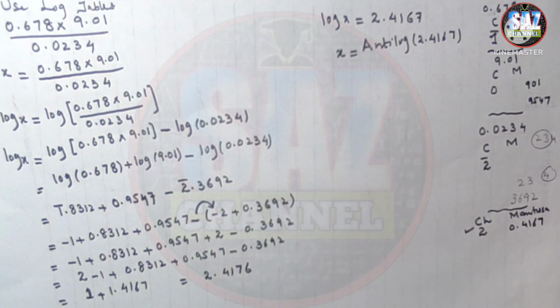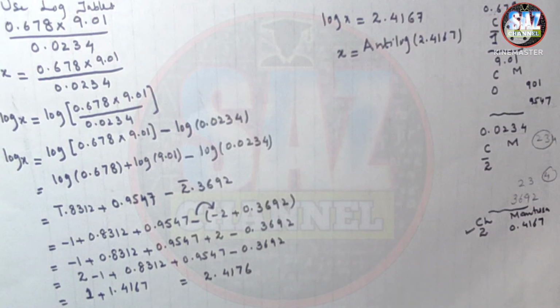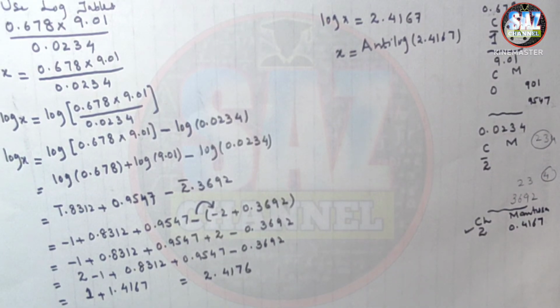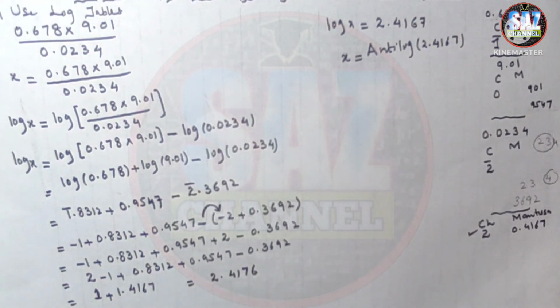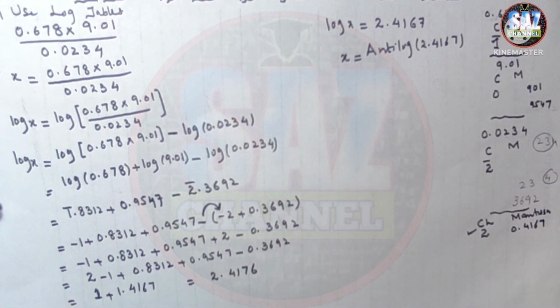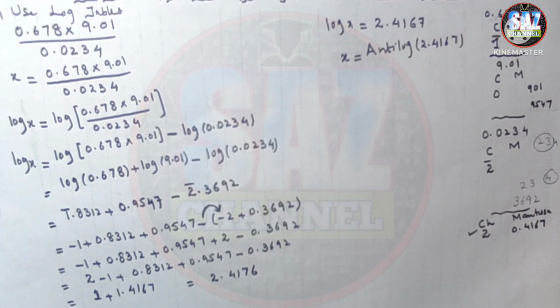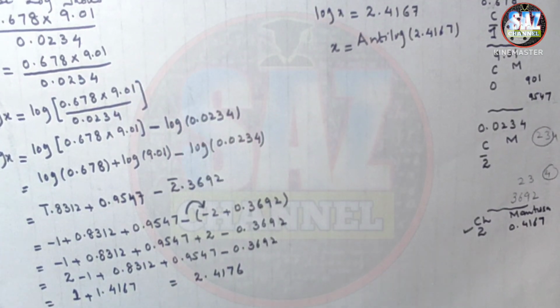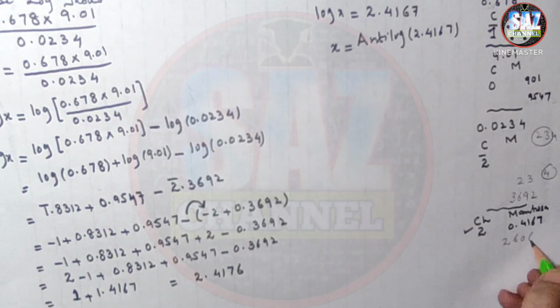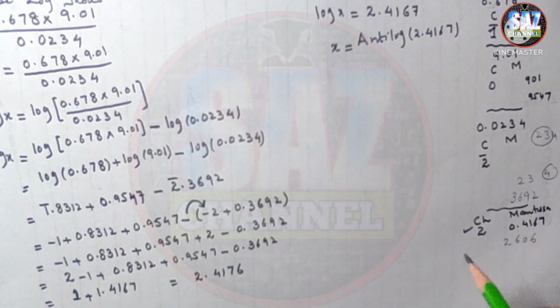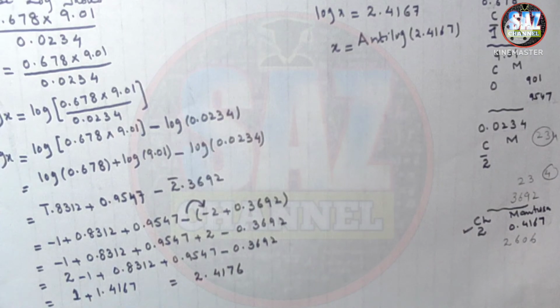Then I have to locate that in the difference column 7. Let me write it once again here and keep a ruler under this. 41 in the column of 6 is giving me 2606, and then I have to find that number in the difference column 7.